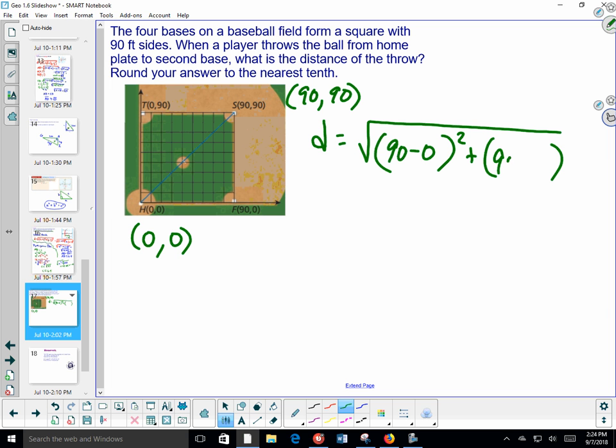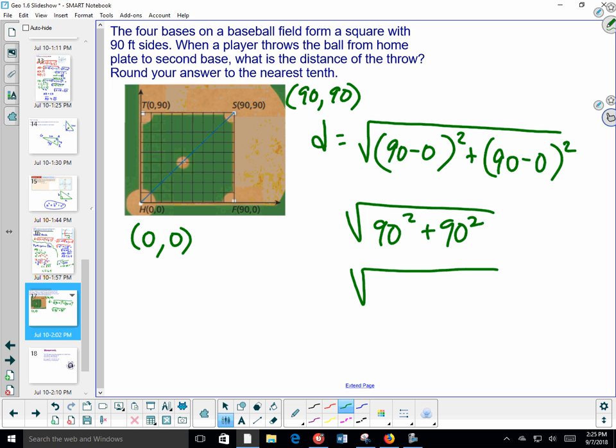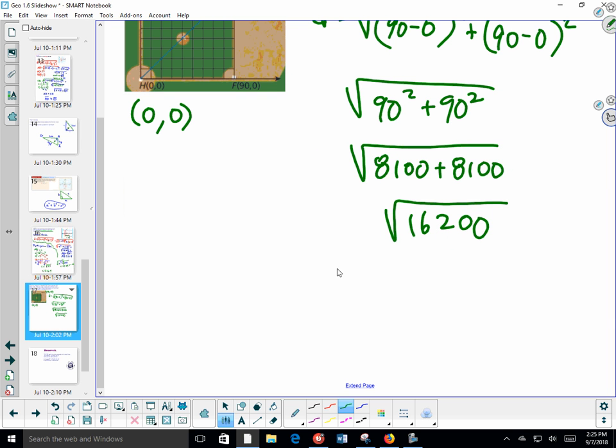That could be 90 squared plus 90 squared, which is 8,100 plus 8,100. So that's 16,200. Then you take the square root of that, and that's equal to 127.3. Do people agree with this?